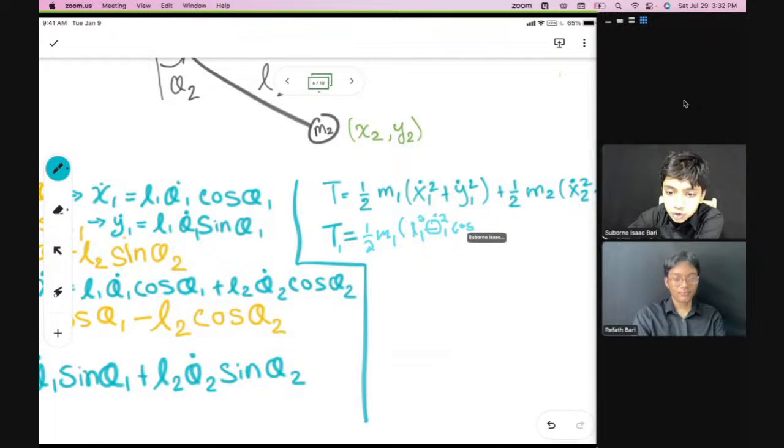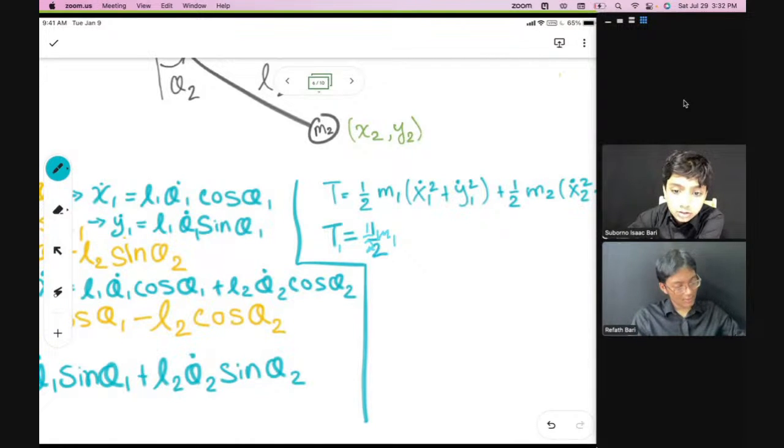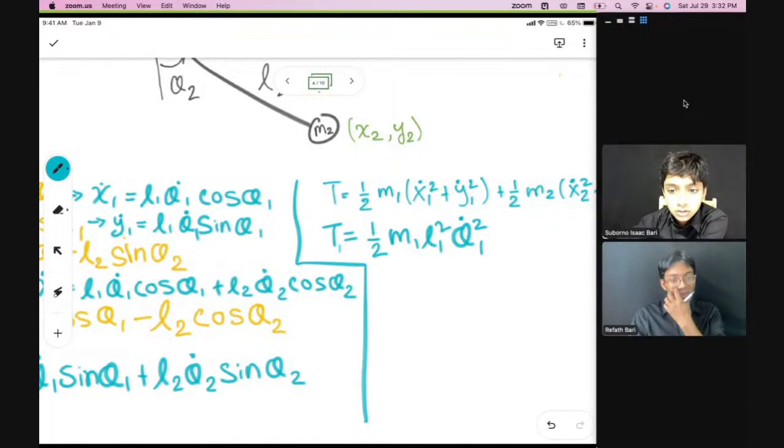Cosine squared. Now you actually don't have to write all of it out. What do you know about cosine squared theta 1 and sine squared theta 1 when you add them? Oh yeah, so just L1 squared theta 1 dot squared. Exactly. Okay, you can erase. Now we've got the first kinetic energy.